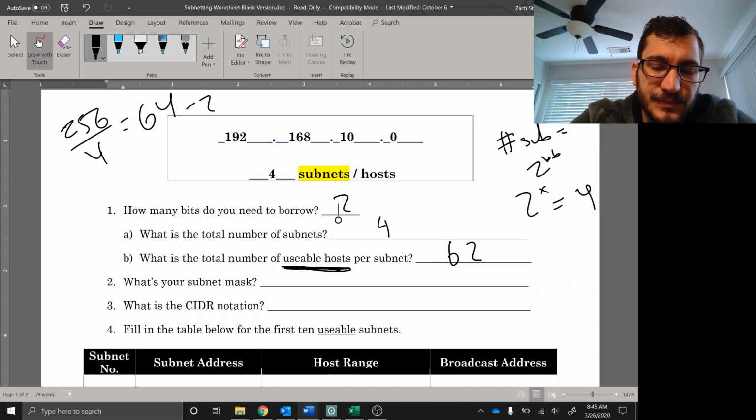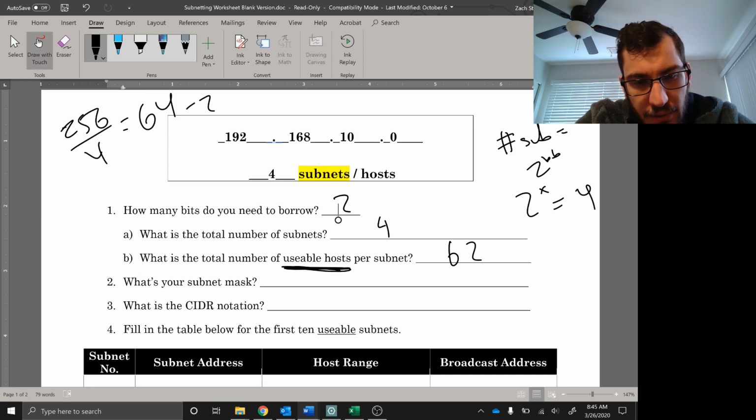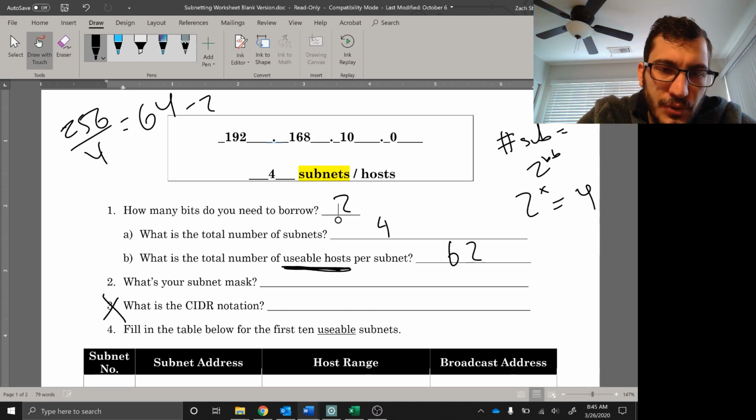Subnet mask. Oh, CIDR notation. I was going to go over that tomorrow. Okay, don't do this one for now. You'll go back and add this. What's your subnet mask? Well, if I've borrowed 2 bits, that means I have 255, 255, 255.